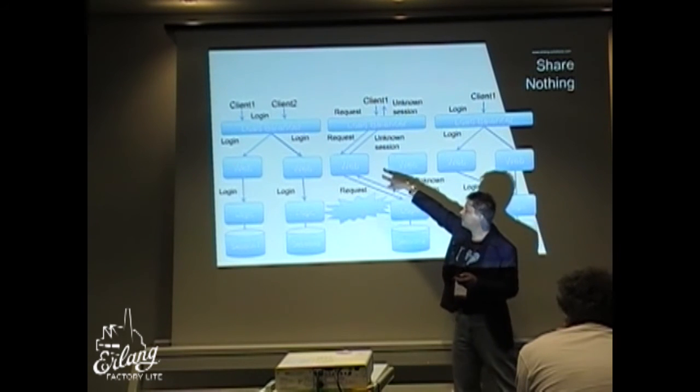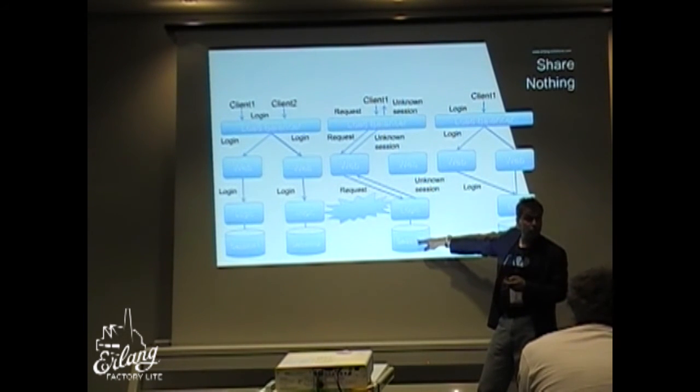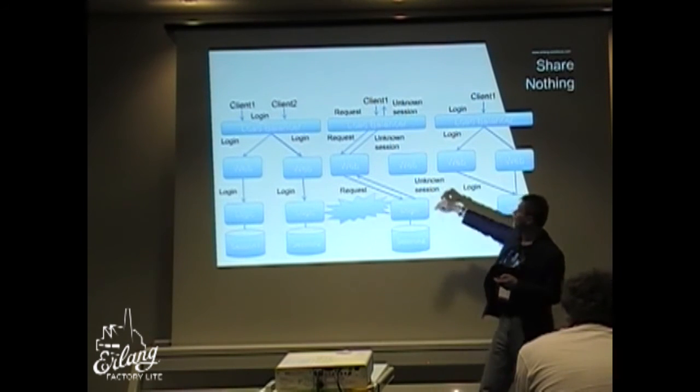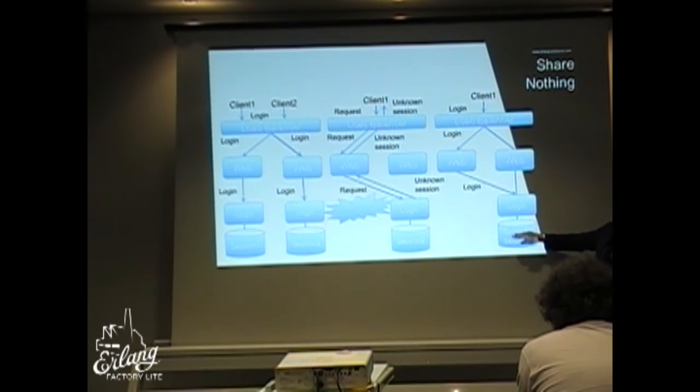Client 1 tries to log in, and he's forwarded now to this database, which only has session 2 and not session 1. So we send back an error: unknown session. The client, being told that his session is not valid, goes in and logs on again. And he will log on, and now this node, which is still up, will have both sessions. And this is the share nothing architecture, which is obviously also the most scalable.